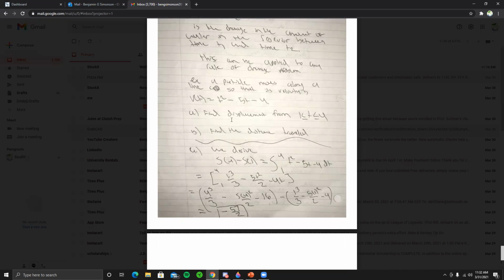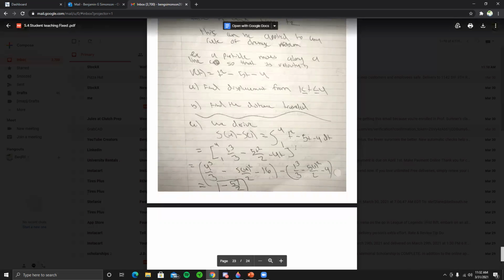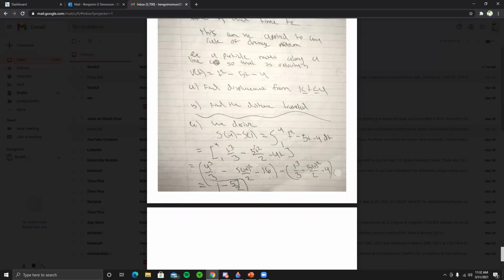So here we can find the displacement by deriving that s of 4 minus s of 1 is equal to the integration from 1 to 4 of v of t, which is t squared minus 5t minus 4. So here we take the integration using the power rule. You get t cubed over 3 minus 5t squared over 2 minus 4t.